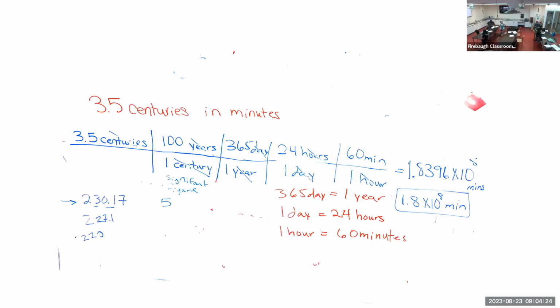The next one, we have 1, 2, 3, 4 non-zero numbers, so all of those are significant. So this one would be 4 significant figures. And then in this last one, we have this 0 here. The fact that we didn't put a decimal point there tells us that we're really unsure about this 0.